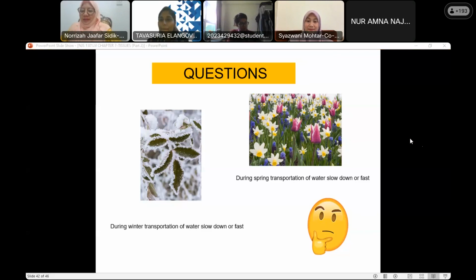They also need the water to develop the leaf formations and for the production of flowers. So that's also because of the temperature.